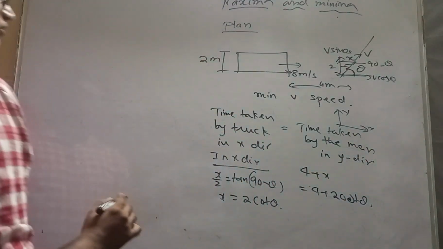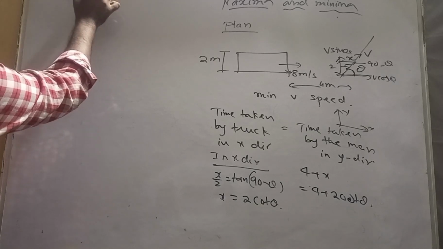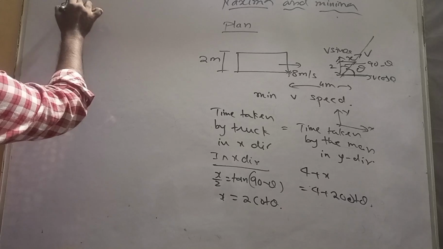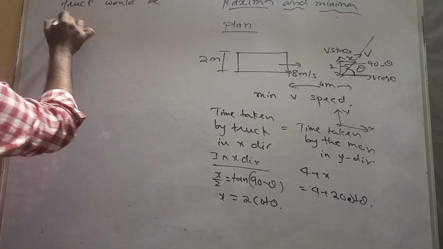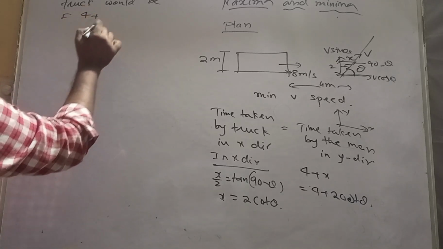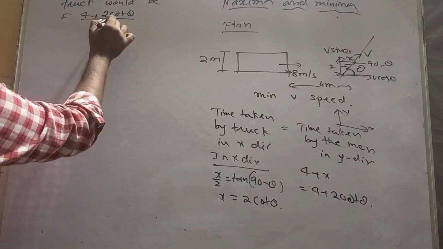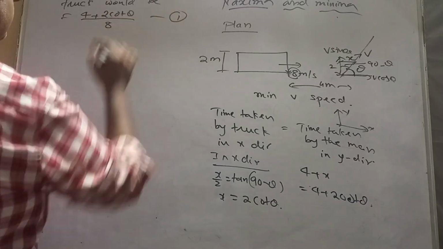So the time taken by the truck would be distance by speed. The distance is 4 plus 2 cot theta divided by the speed of the truck. In x direction, the speed of the truck is 8. This is equation 1.